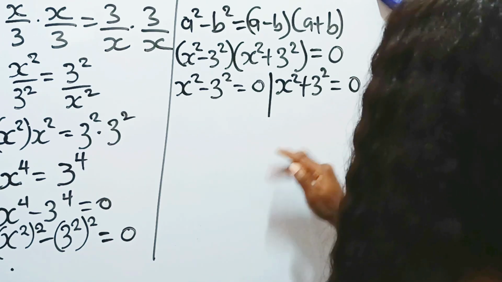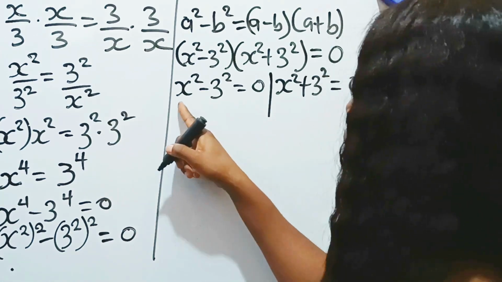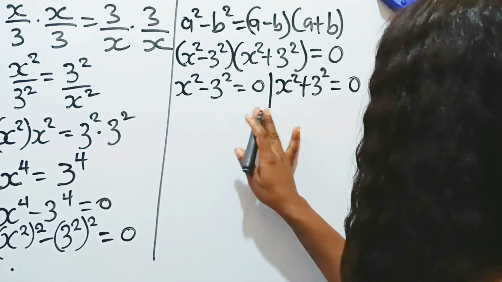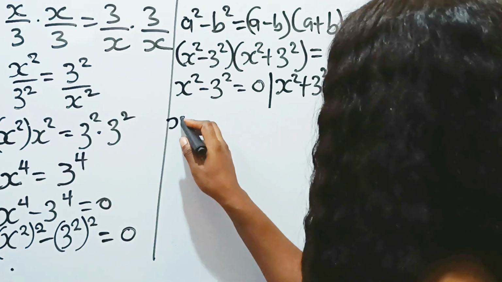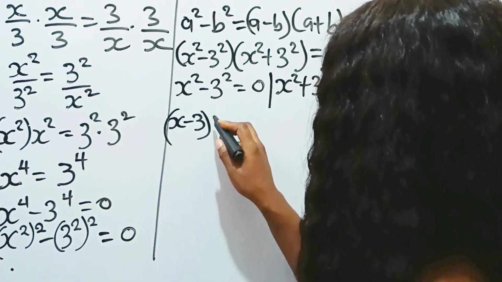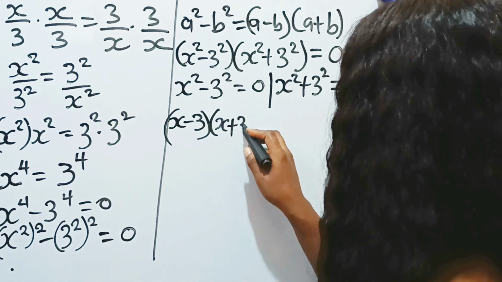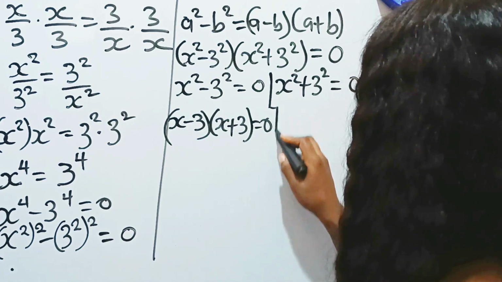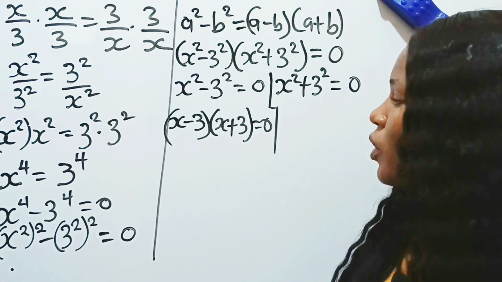All right, now we continue. From here we have another difference of two squares, right? So we can write this as x minus 3 multiplied by x plus 3 is equal to 0. I'm still solving for this one, okay?